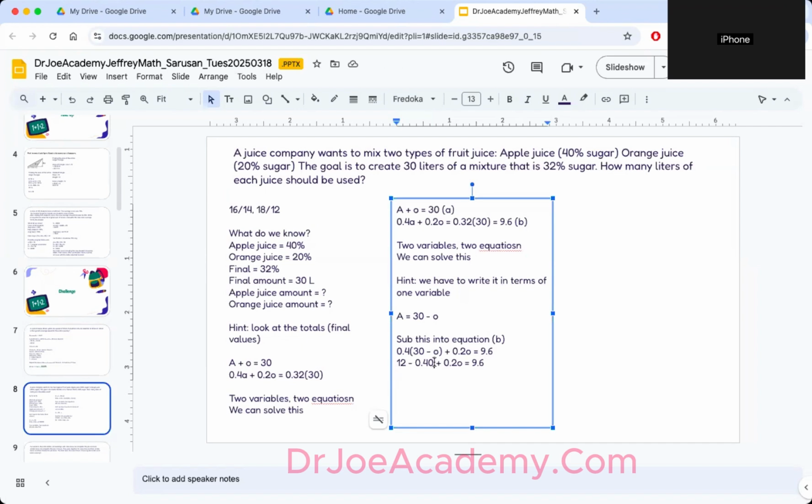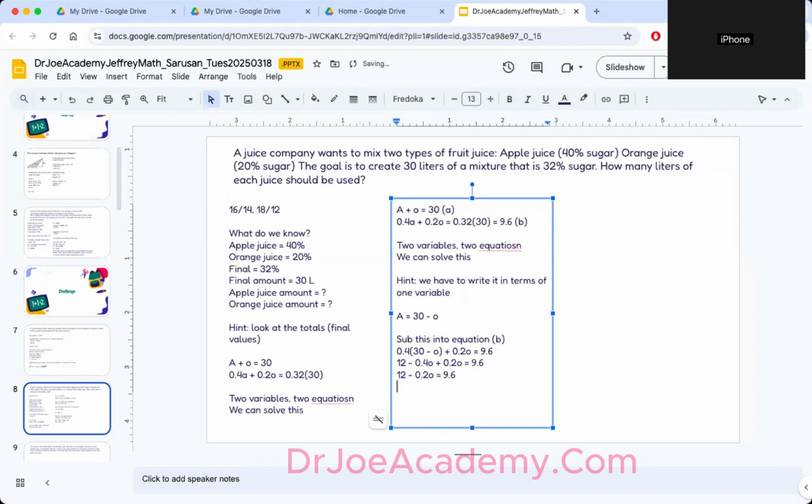Oh wait, no, I forgot O right here. All right, what's next? Oh, you have to combine 0.40 O with 0.20 O to create negative 0.2 O. Nicely done.